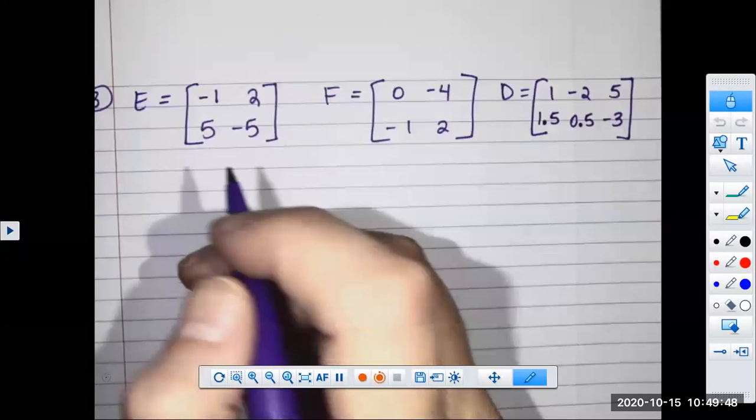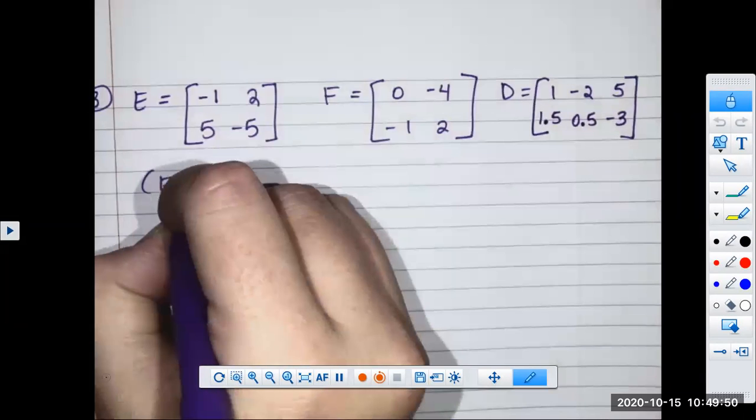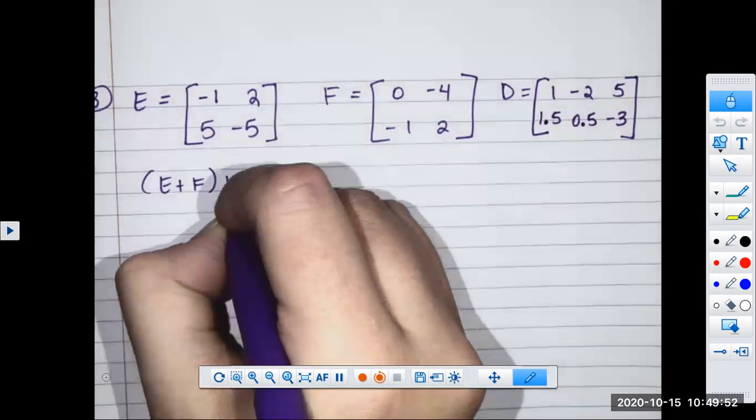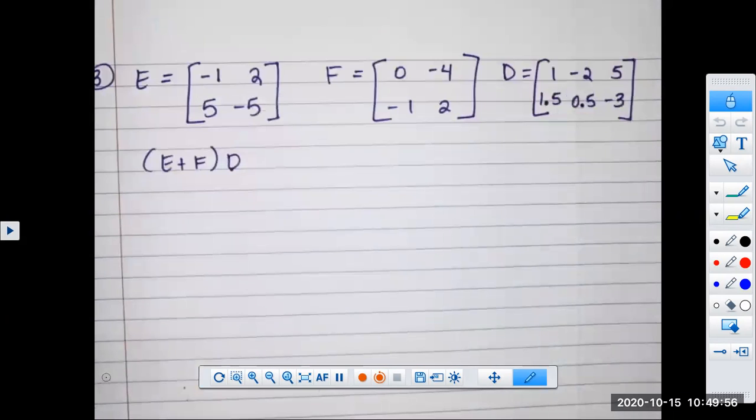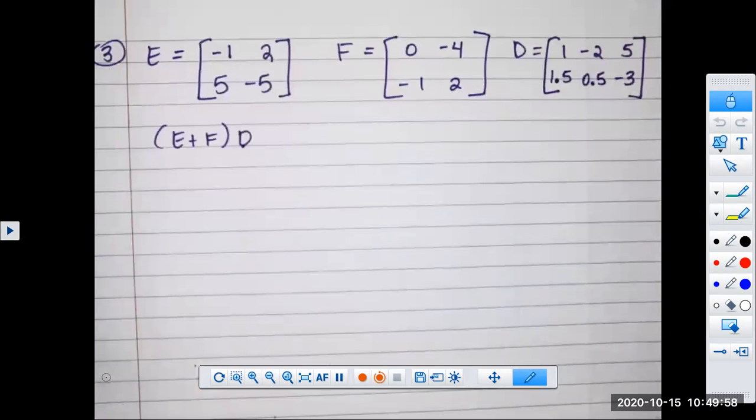Okay, in this particular problem, you're asked to find E plus F times D. So once again, follow your order of operations when you get to a problem like this. All right, what's the first thing you're gonna find in this case?